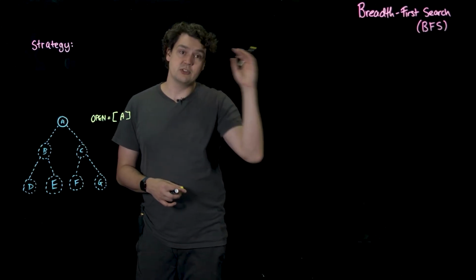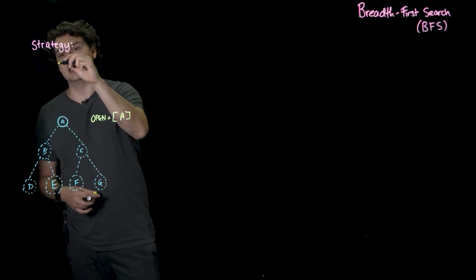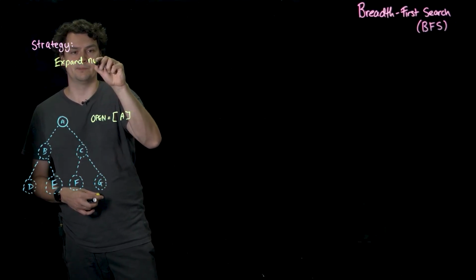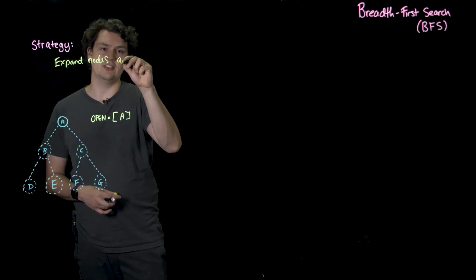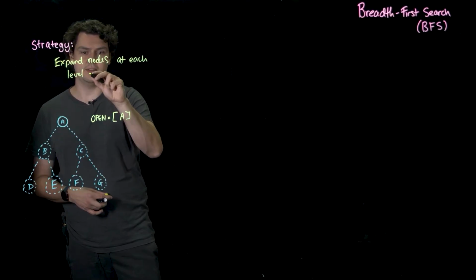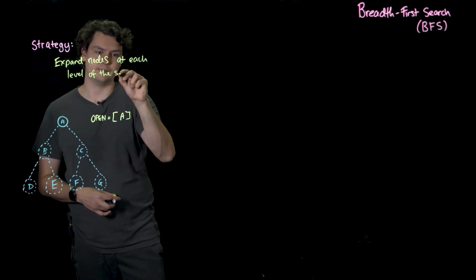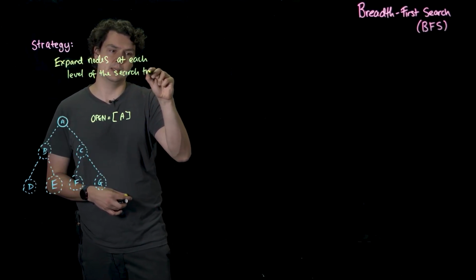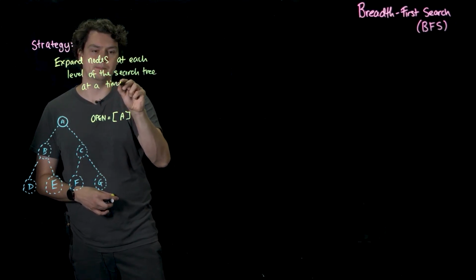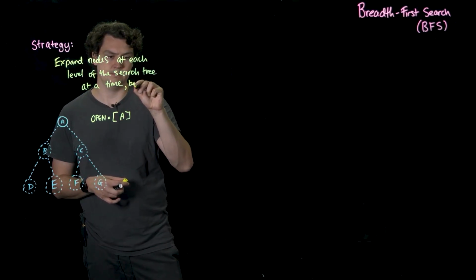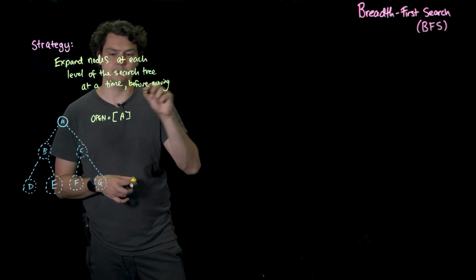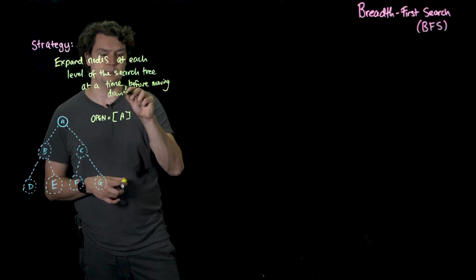The strategy of Breadth First Search is that we are going to expand nodes at each level of the search tree at a time before moving downward.